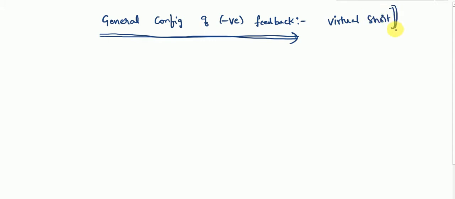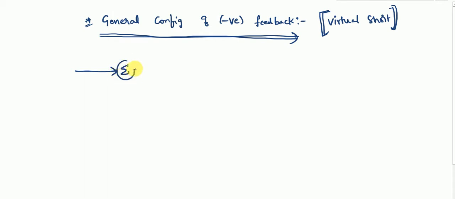Without knowing this, it's a waste to study negative feedback operational amplifier circuits that we deal with in the upcoming lectures. So I thought it would be helpful to explain the general configuration of negative feedback earlier. Let me draw the circuit, which gives a clear idea.